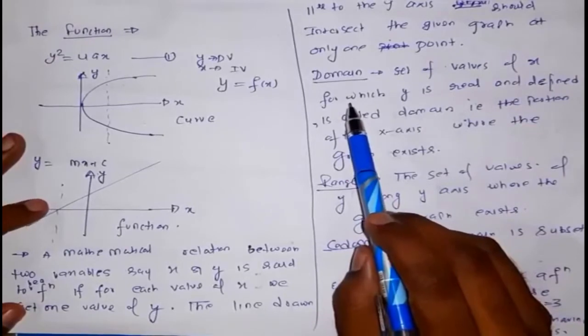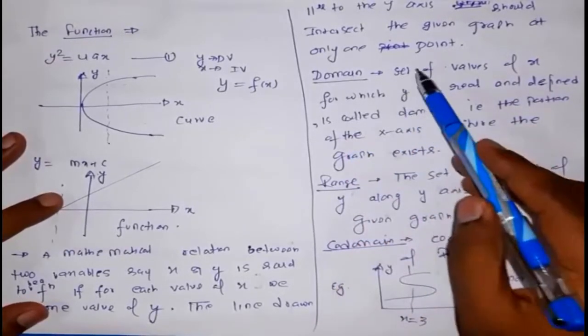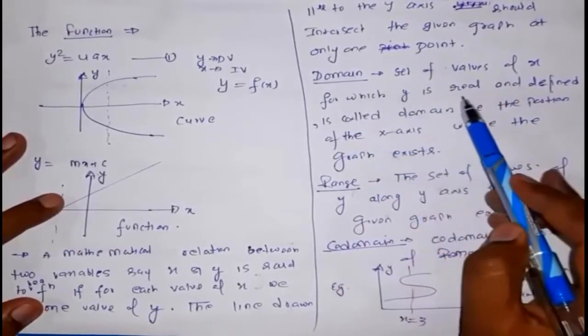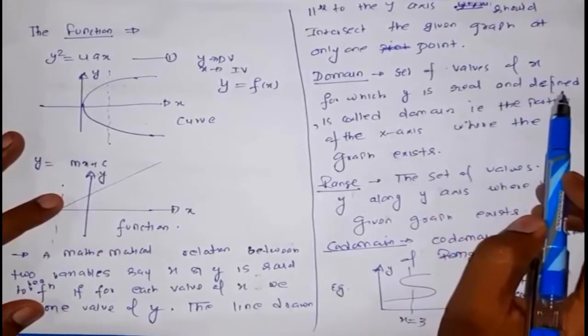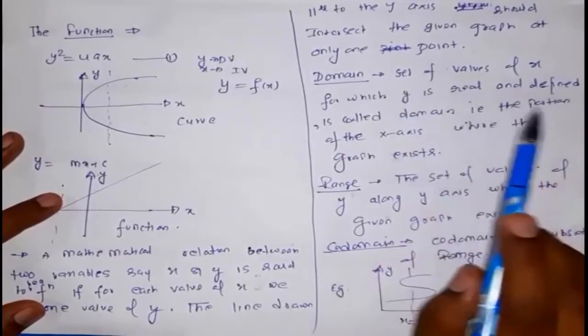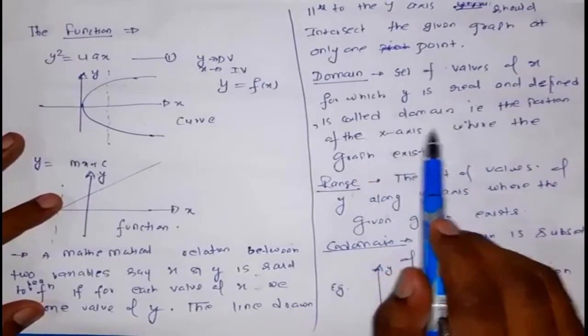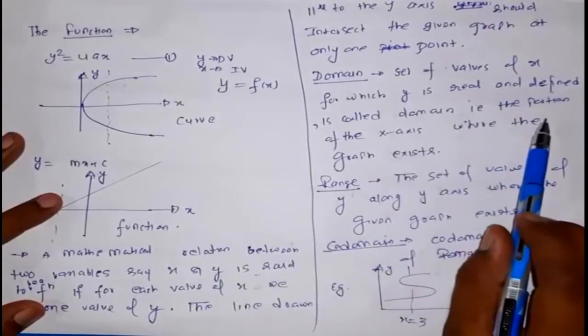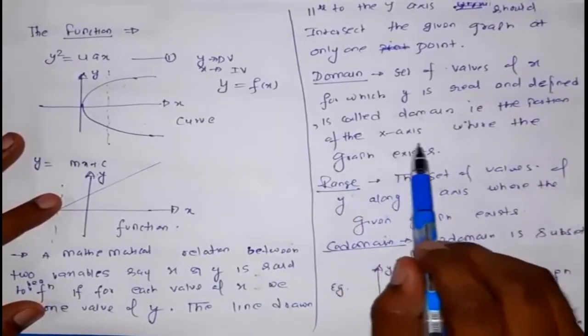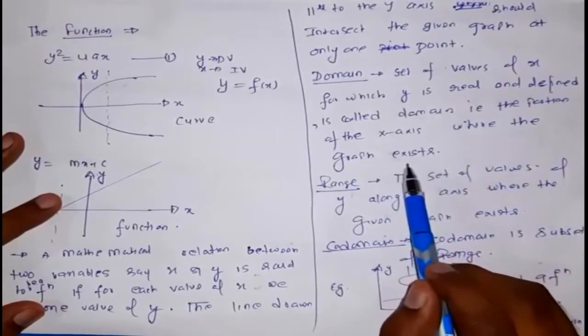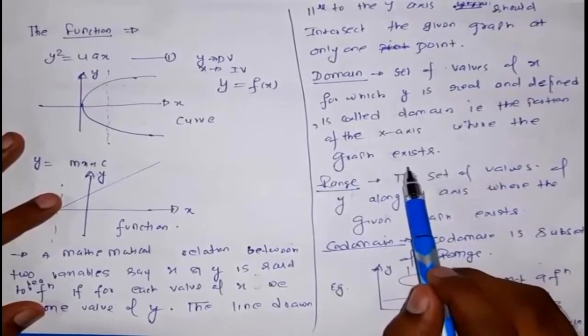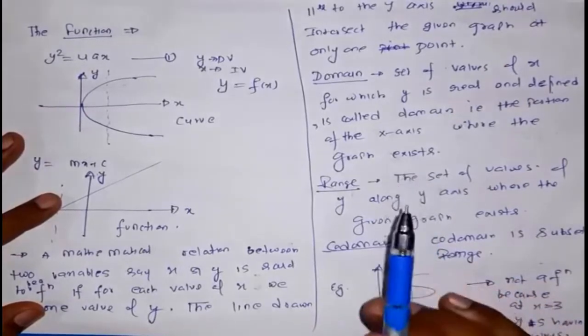Here are some definitions related to the function, that is, domain. What is domain? The set of values of x for which y is real and defined. This is the standard definition of the domain of the function. In simple words, we can say it is the portion of the x-axis where the graph exists.